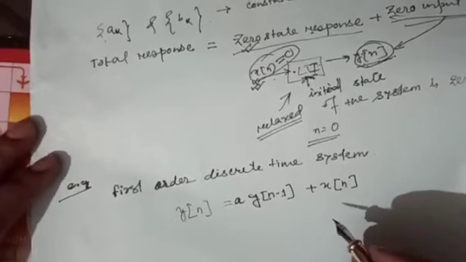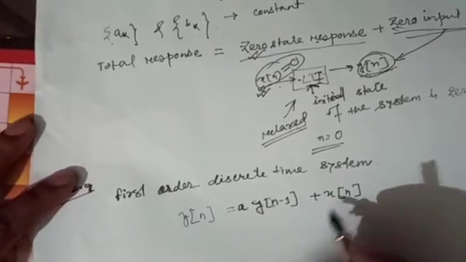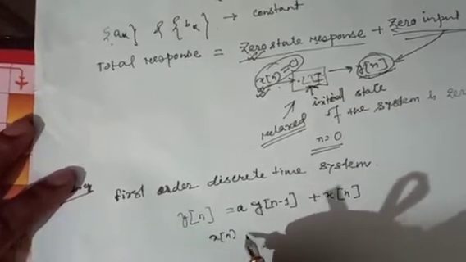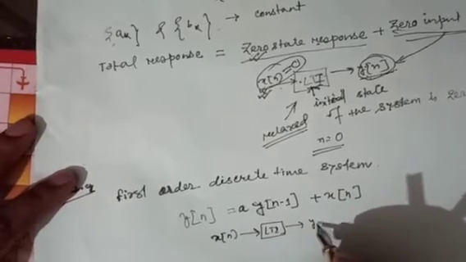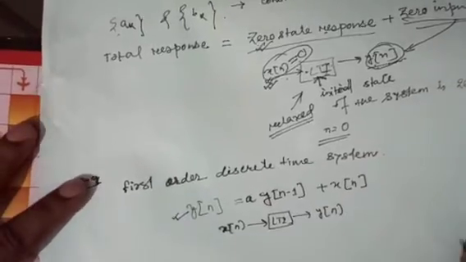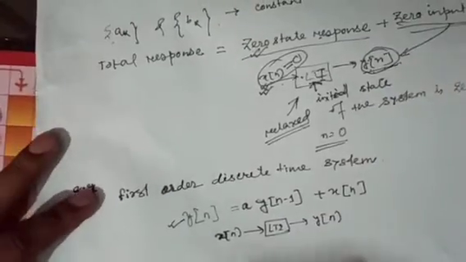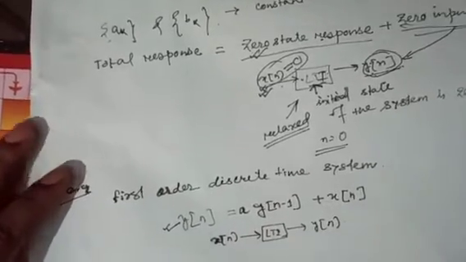So let the input sequence be x of n. You are applying it to a system, and the response of the system is y of n, and this y of n is being defined like this.